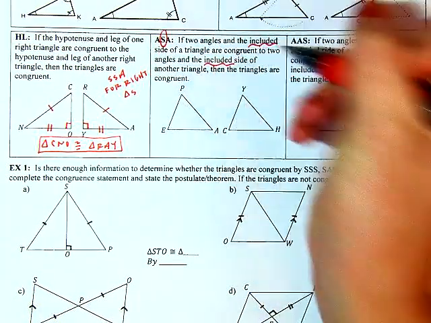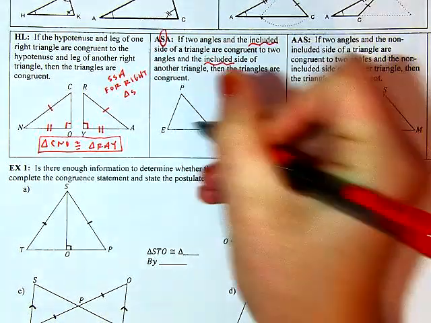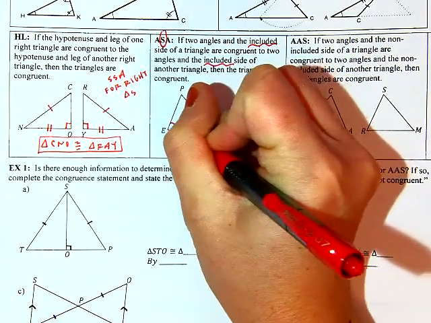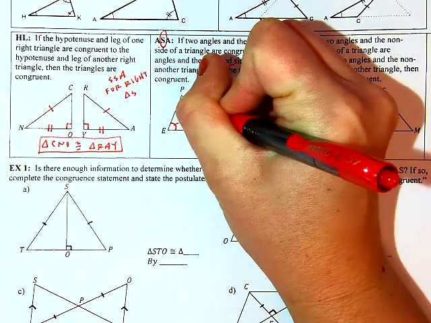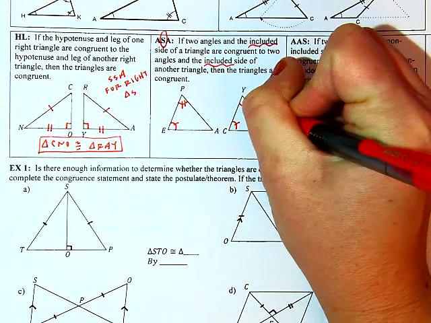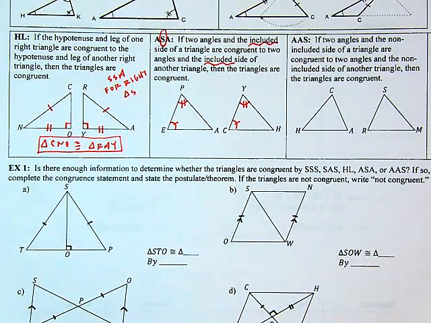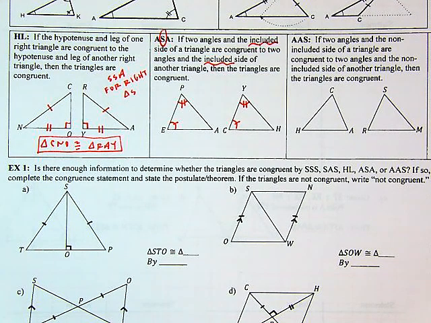That is essential. So let's say that I tell you that angle E and C are congruent, and then P and Y are congruent. So those are my two pairs of corresponding angles that are congruent. If I need their included sides, it has to be the sides that are directly in between those two marked angles.